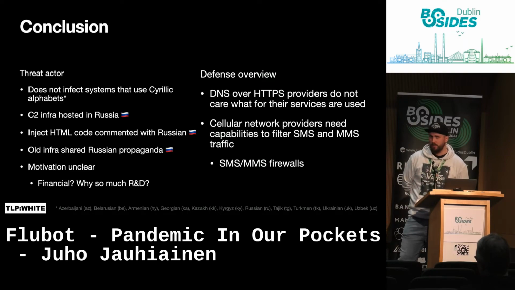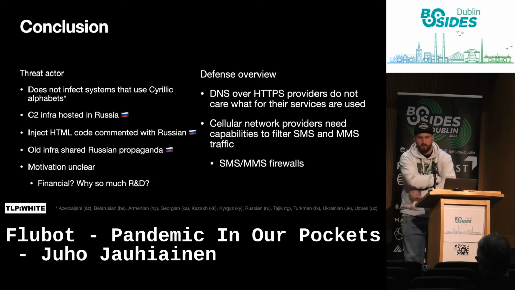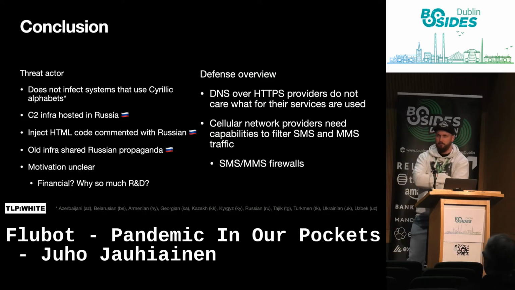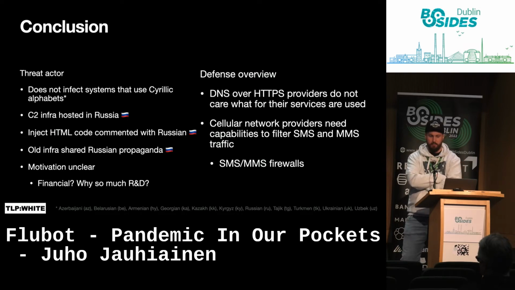And what can the defenders do? The providers of the DoH servers should do something, I think, because before Flubot, I hadn't seen that many malware samples that use DNS over HTTPS.